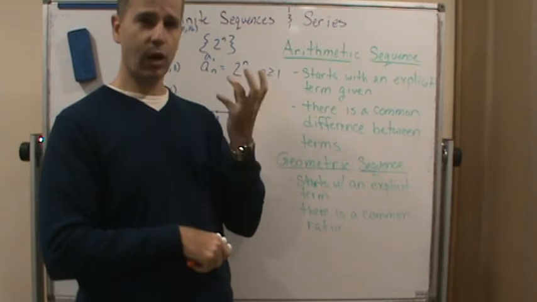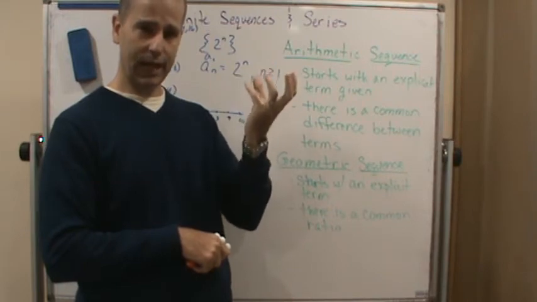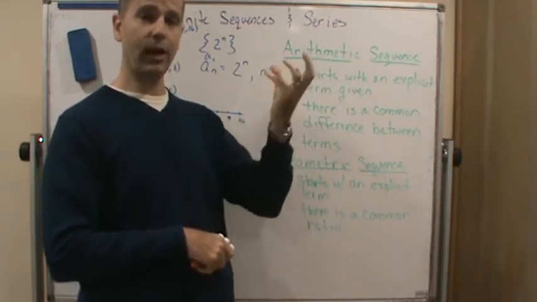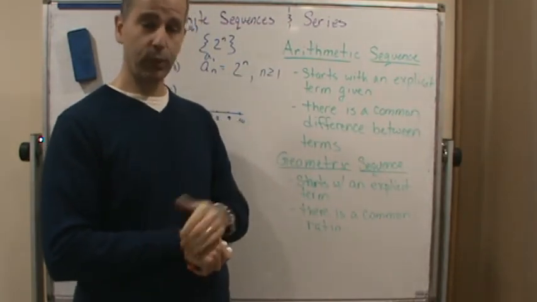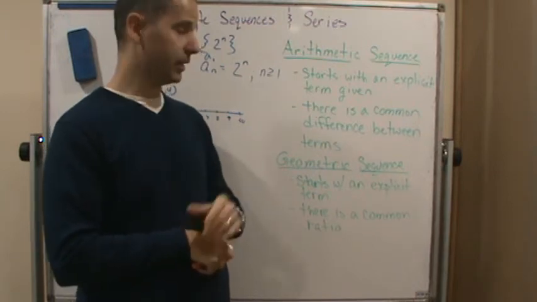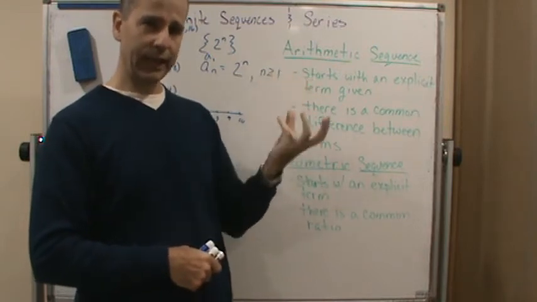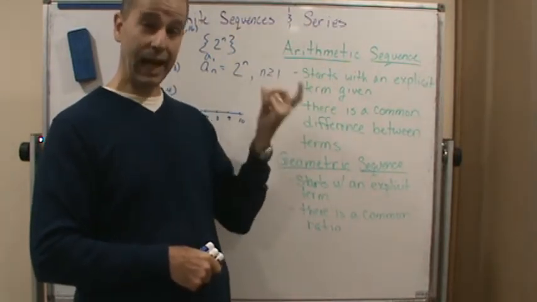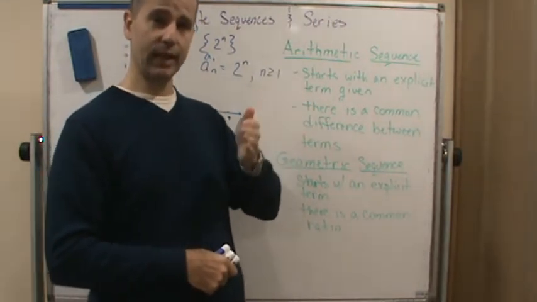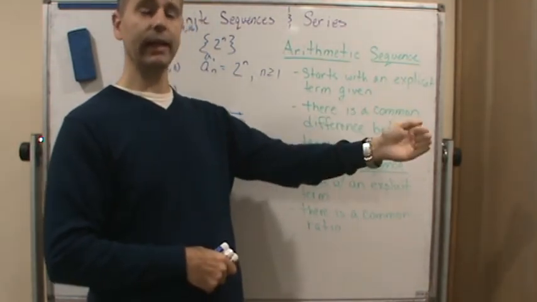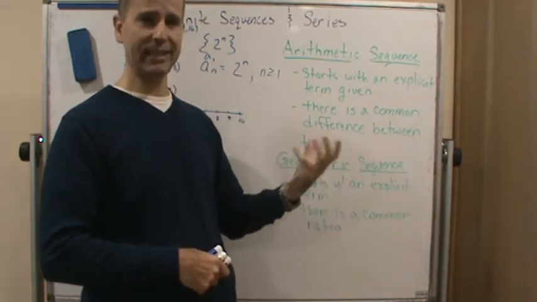You start with a first term, and then you add or subtract a common difference from the previous term. So if you take any two consecutive terms and subtract them, you get the same difference. That's the common difference.